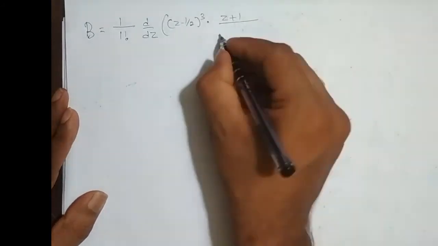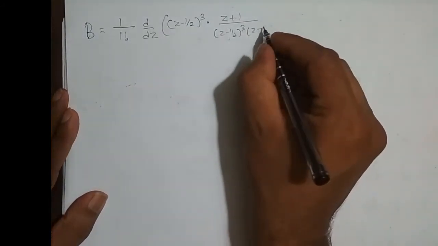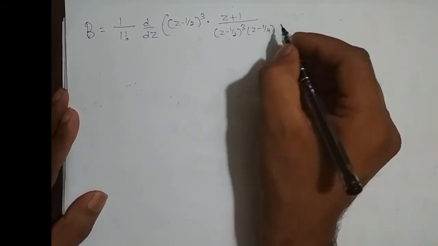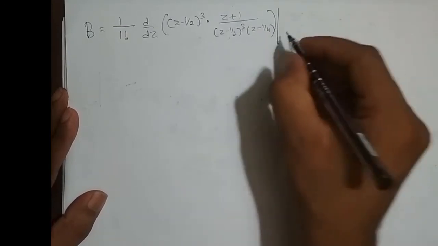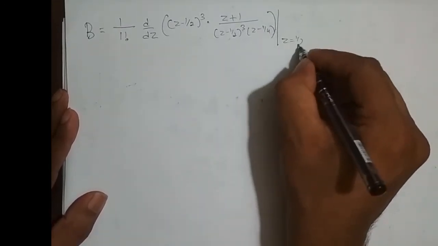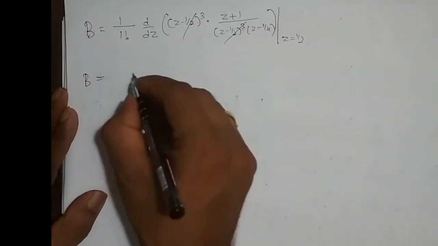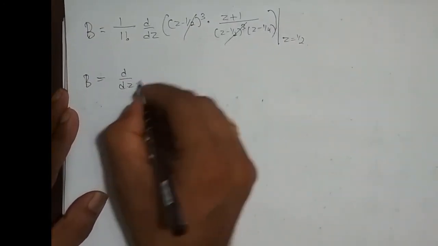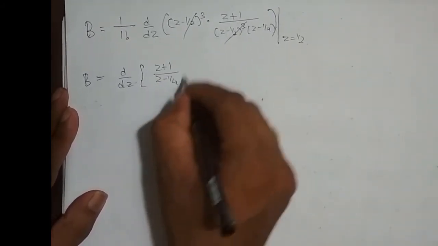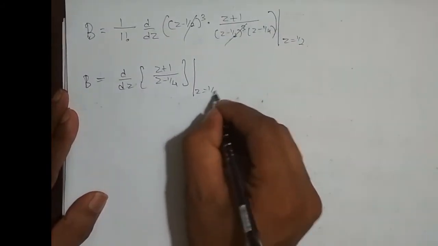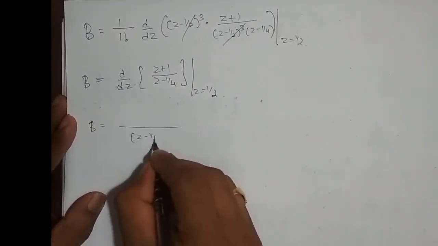X of z by z is (z plus 1) divided by (z minus 1 by 2) whole cube into (z minus 1 by 4), at z is equal to 1 by 2, right? So these two cancel out. So b is what? 1 divided by 1 factorial is 1. So d by dz of (z plus 1) divided by (z minus 1 by 4) at z is equal to 1 by 2. So b is equal to, so (z minus 1 by 4) whole square.